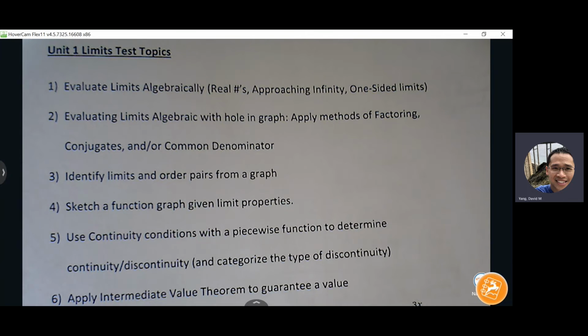So if you're at home and you want to take part, you can. It's in person and virtual, but I'll record it as well if you missed it and you want to watch it over. I did record tomorrow's review worksheet already on my website, so if you want to watch that one, you can watch that one too.